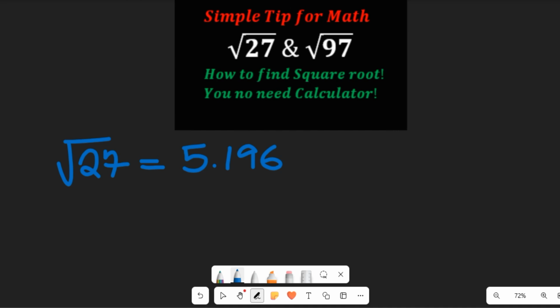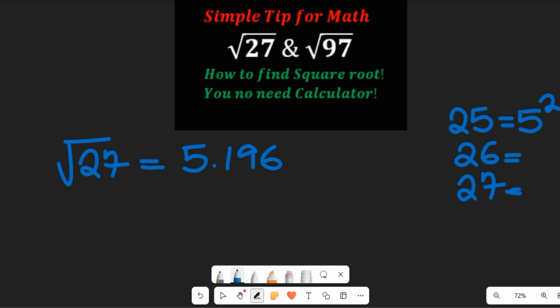Now before we go find that square root of 27, I want you make you think of other perfect square root wey come before 27. 23, 24 no get square root, 25 get square root. If we look the square root of 25, 25 na perfect square and e get 5 square. 26 no get, 27 no get, 28 no get, 29 no get.